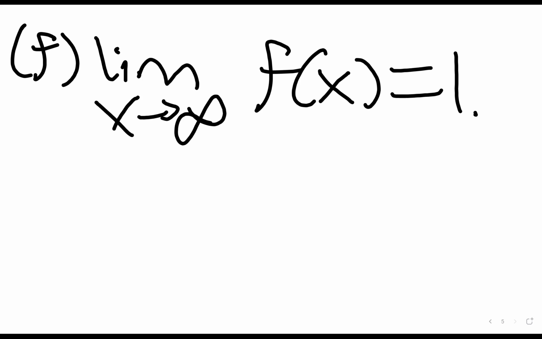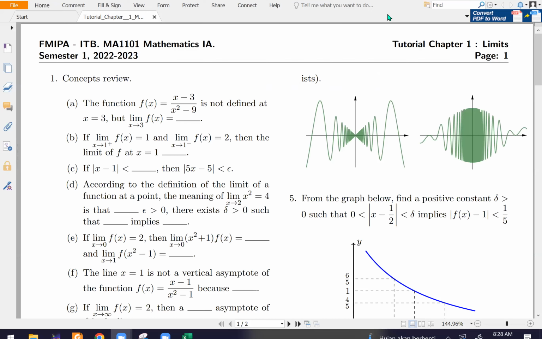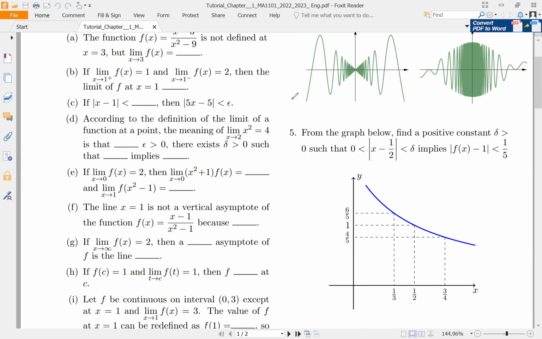Okay, for number 4 here, there are 2 graphs of functions. The first one is on the left like this, and the second one is like this. So what is the limit at 0 for the first one? The limit at 0 is 0. I will annotate: the limit as x tends to 0 of f of x is 0.